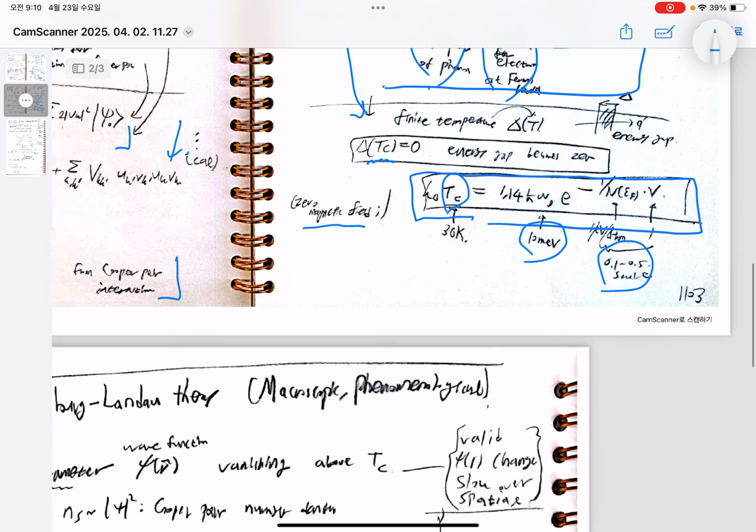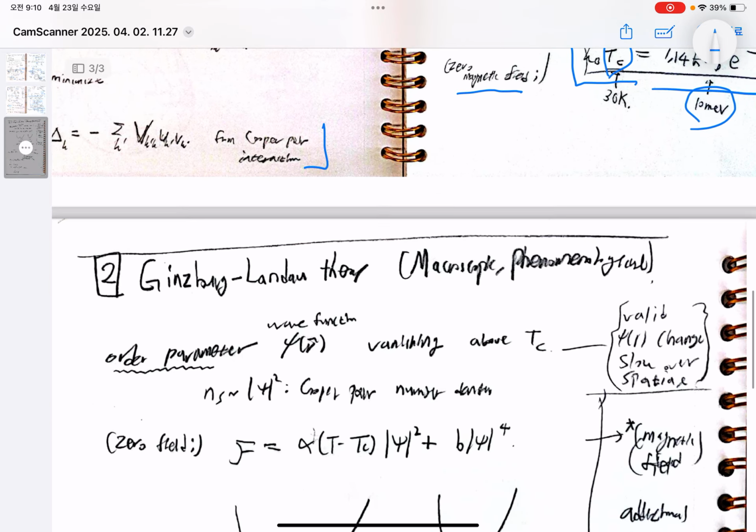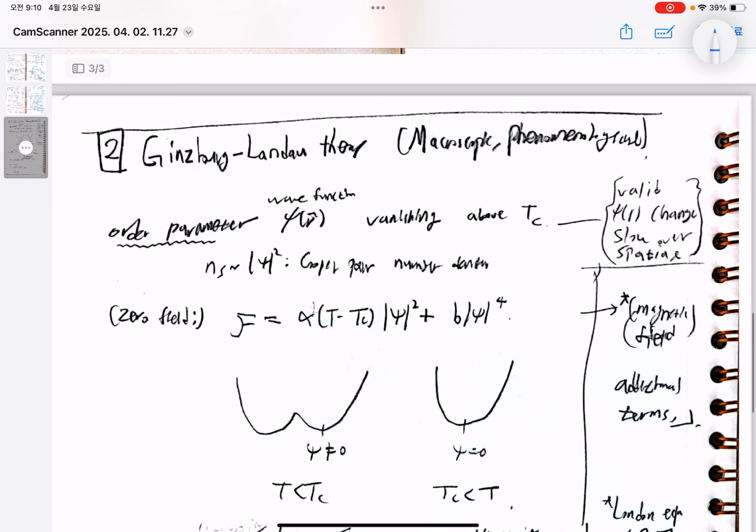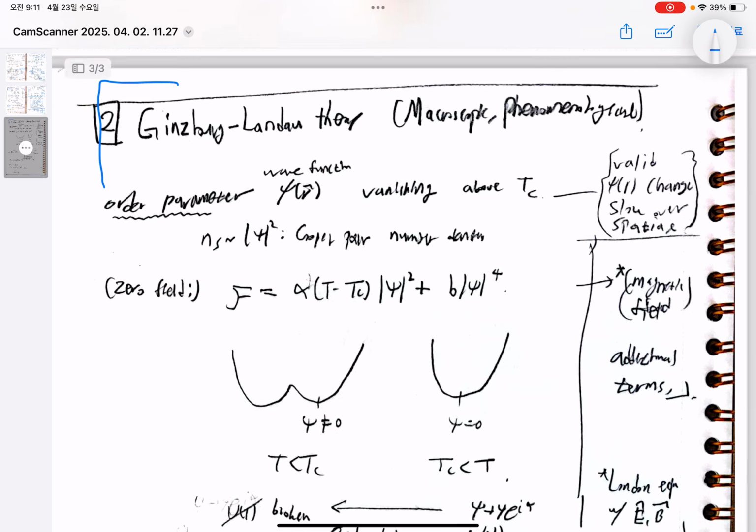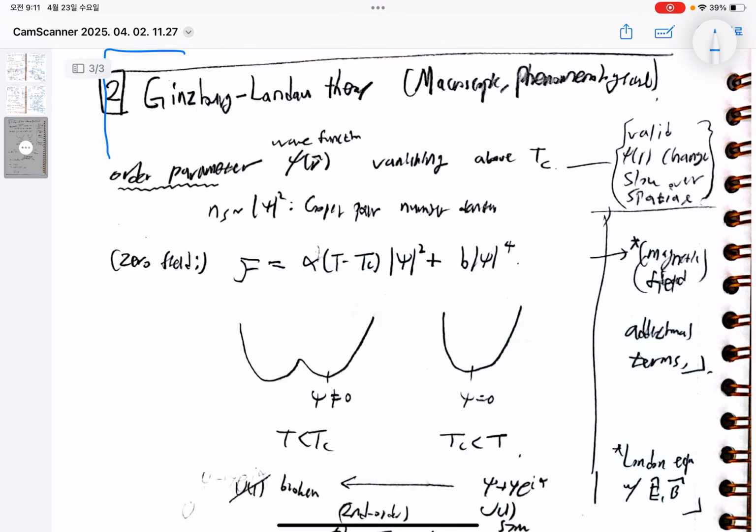So far we have considered the microscopic theory of the superconductor. Now we talk about the macroscopic, phenomenological, effective theory, which is called the Ginzburg-Landau theory. This was already discussed in statistical physics and thermodynamics. We can define the order parameter as the wave function, which is zero above the critical temperature Tc.